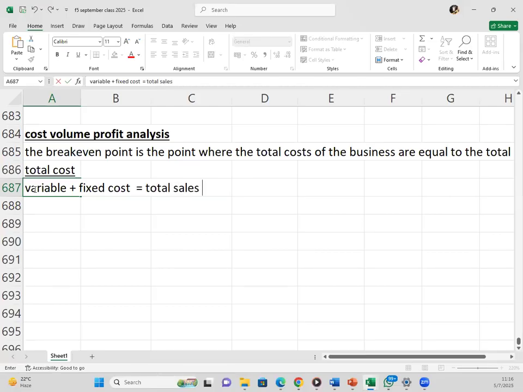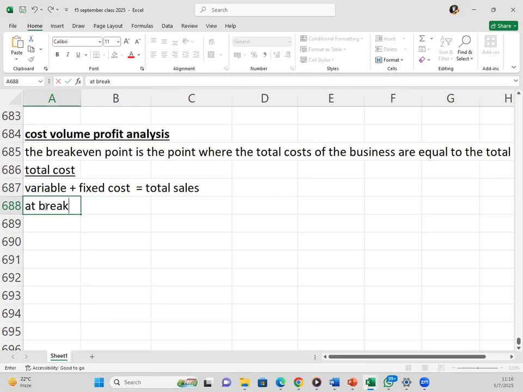So if we add the variable and the fixed cost, they will be equal to what we are getting from the selling price. So if we sell something, the amount we get is equal to the cost of production. Meaning at break-even point, there is neither a profit nor a loss.